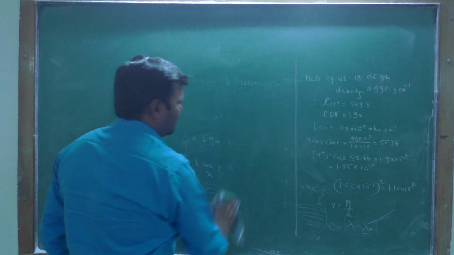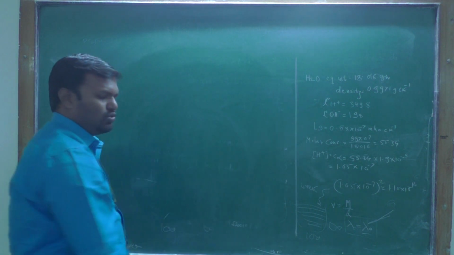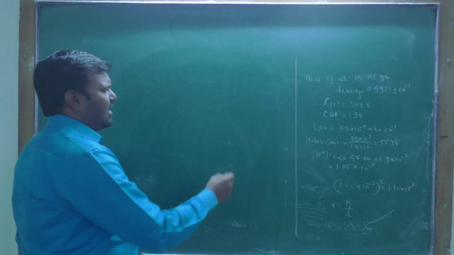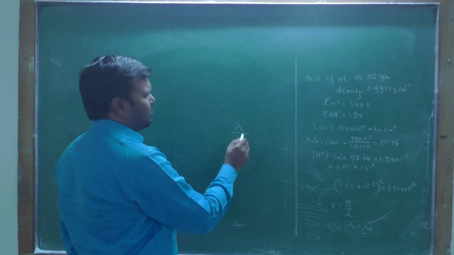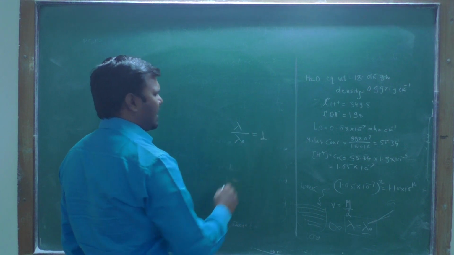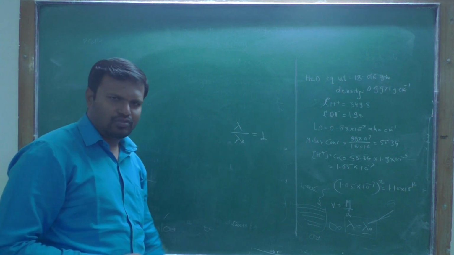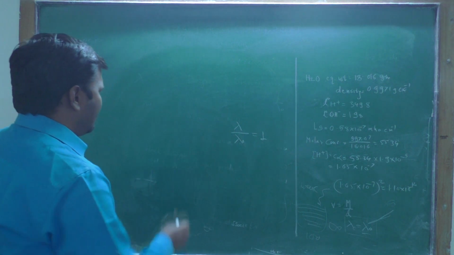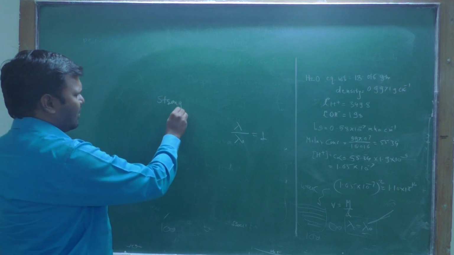As dilution increases, the degree of dissociation increases. At the last, lambda equals lambda 0, so this becomes equal to 1. Total dissociation takes place, therefore lambda upon lambda 0 becomes equal to 1. Now, what about the strong electrolyte?